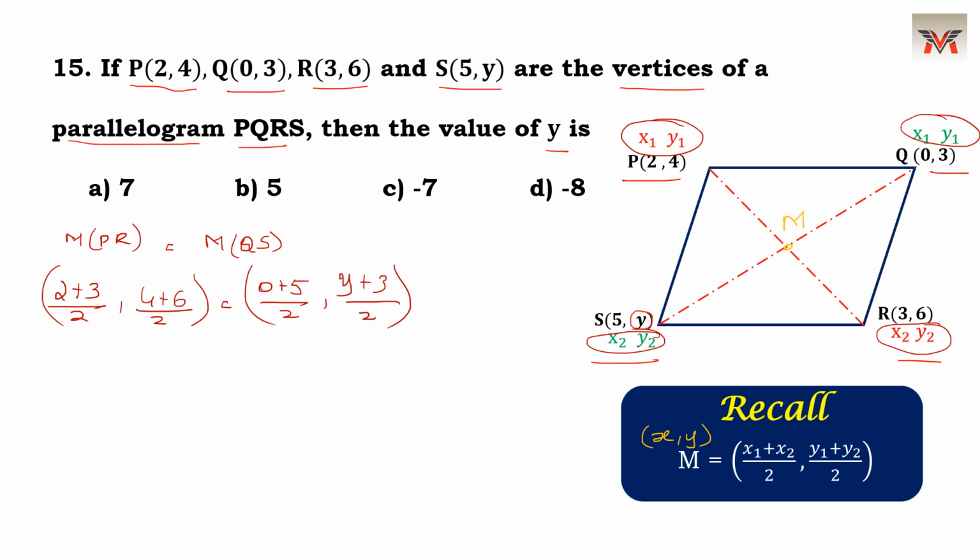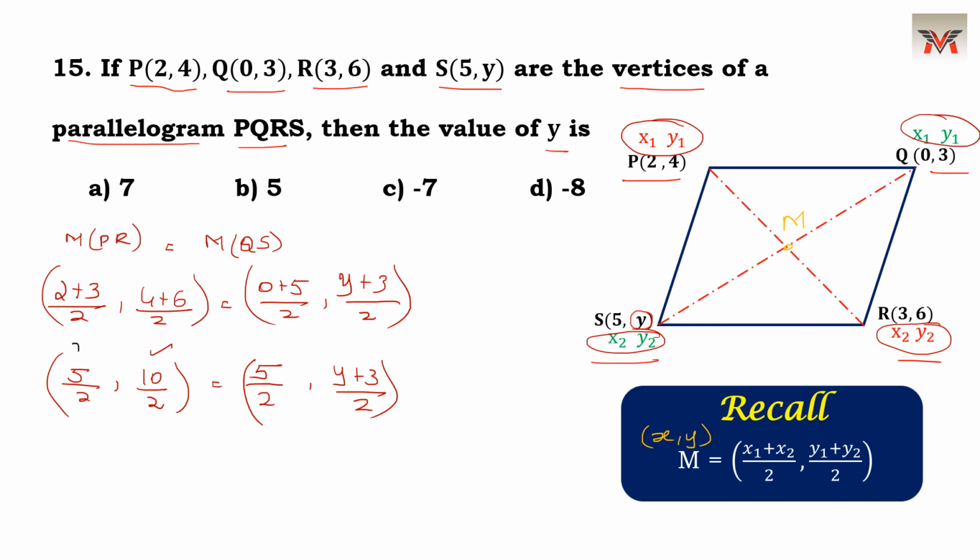Now 3 plus 2 is 5, and 6 plus 4 is 10, so it is 5 by 2, comma, 10 by 2, equal to 5 by 2, comma, (y plus 3) by 2. I'll keep the 10 by 2 as it is, because I have 2 in the denominator on the y coordinate, if you observe.